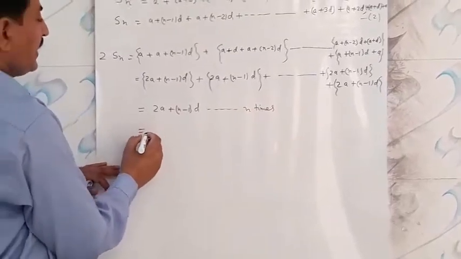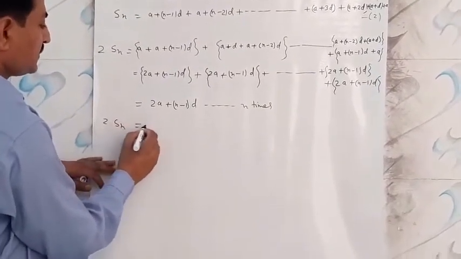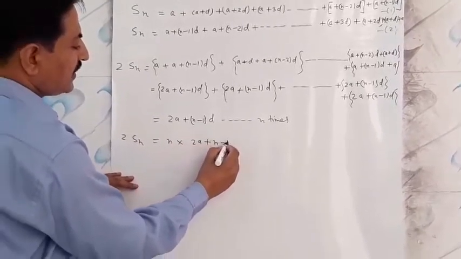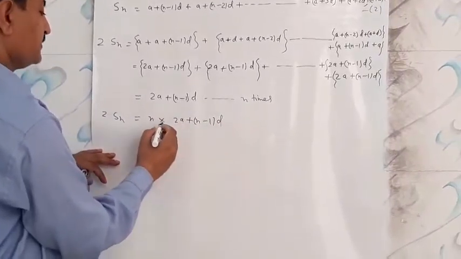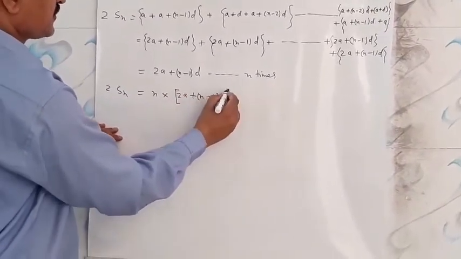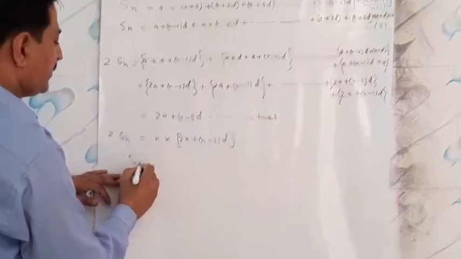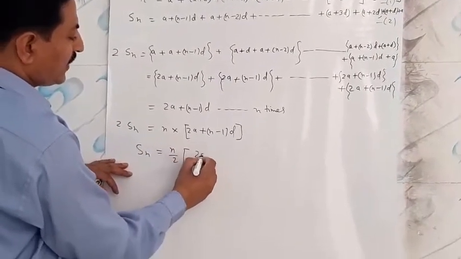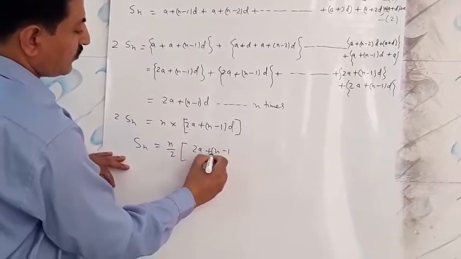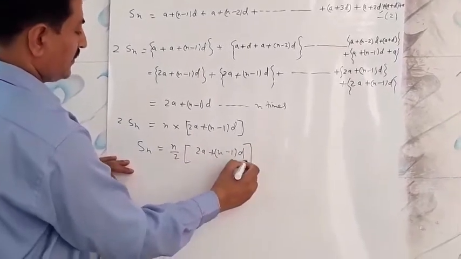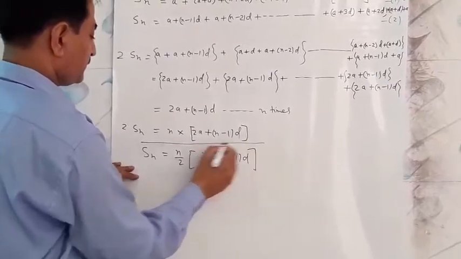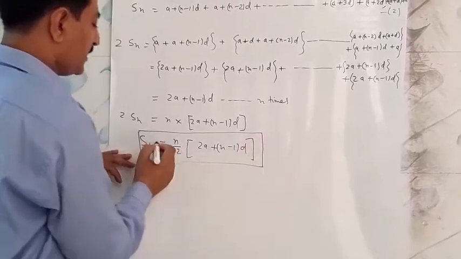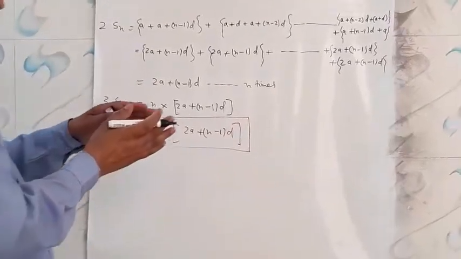So we can write 2Sn equals n into 2A plus n minus 1 into D. Our Sn will be, this 2 goes downside, n by 2 into 2A plus n minus 1 into D. This is the formula to get the sum of the n terms in any AP.